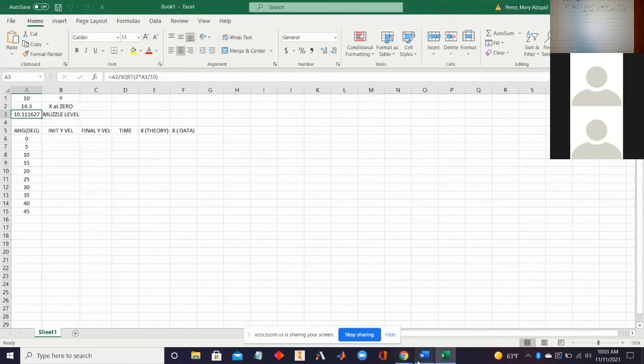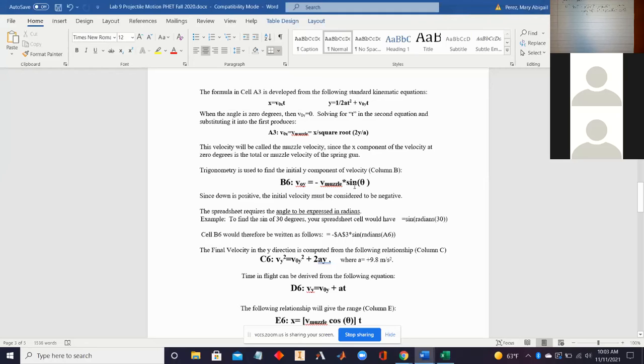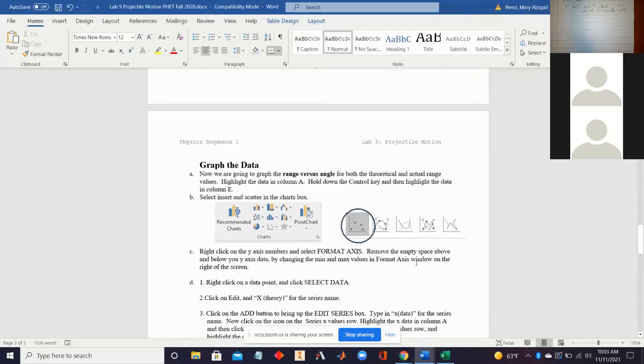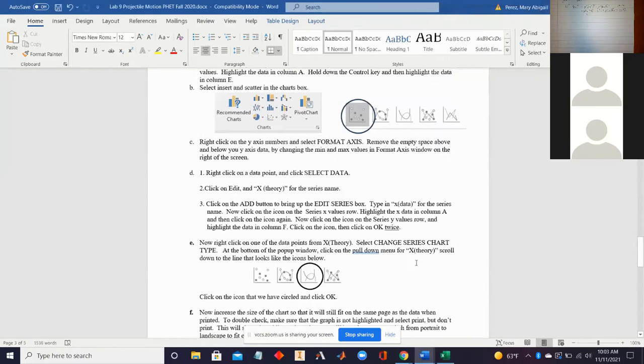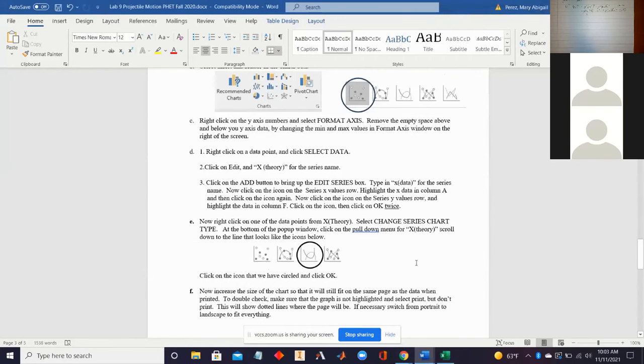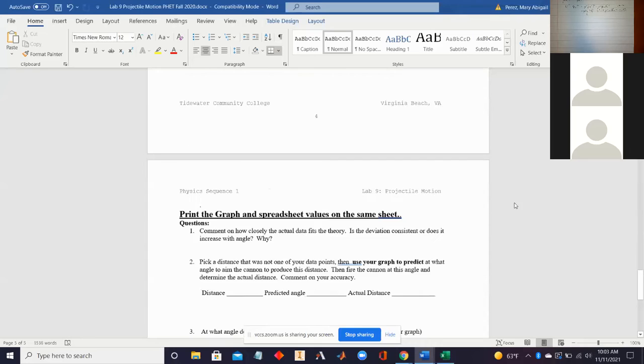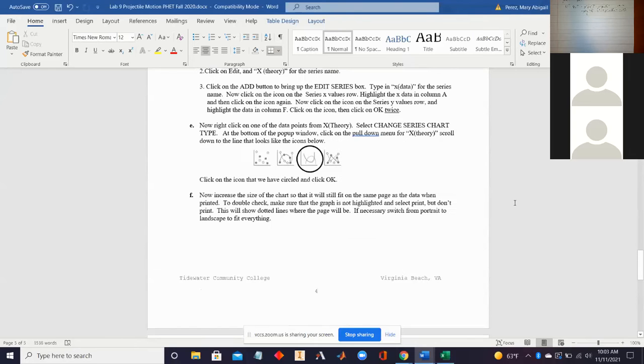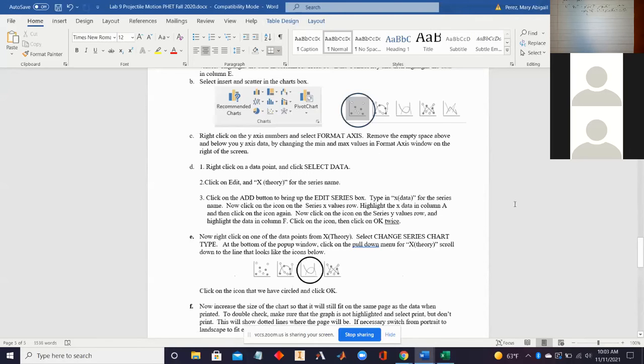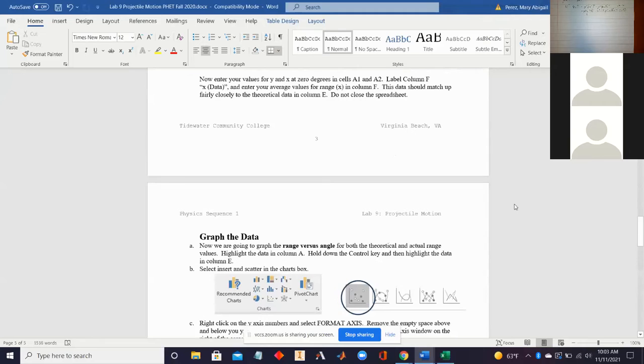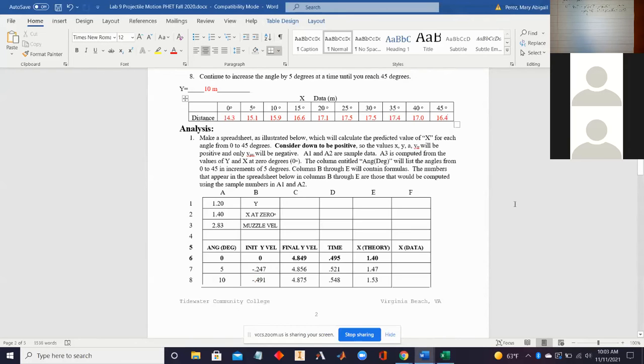So you remember, they have an example table in your lab. Scroll down a little bit. I think it's 1.2 and 1.4, I think, is what they're supposed to have in that A1 and A2 column, or cells, I should say. Maybe it's a little bit higher than where you were. Right here. Yeah, there you go.